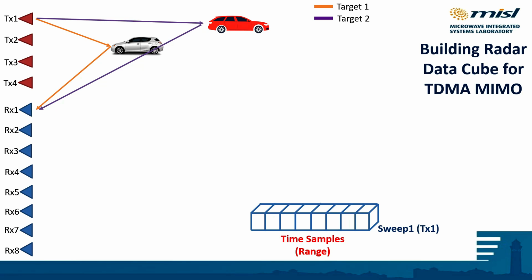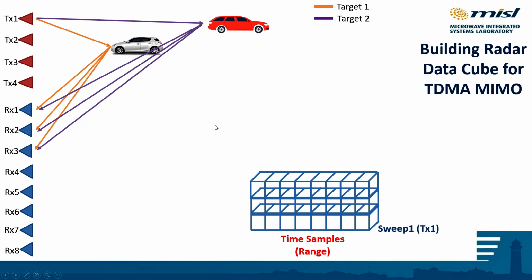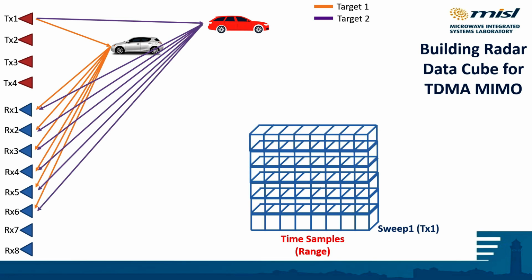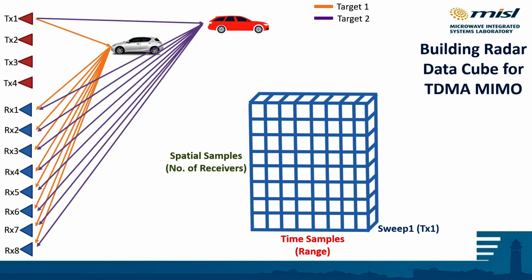After this process, we will now have one row of the radar data cube with time samples along x-axis and number of sweeps along z-axis. Similarly, the signal would now be received by receiver 2, which will form the second row of my radar data cube. The process will continue. It will repeat for all the receive elements to form, let's say, one of the squares of a radar data cube with number of receive elements along y-axis, time samples along x-axis, and number of sweeps along the z-axis.